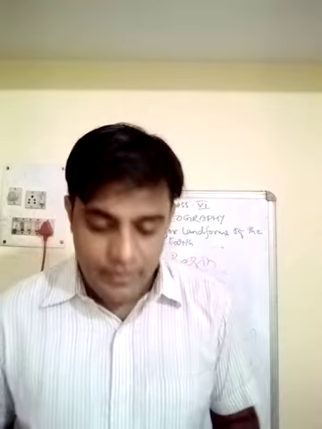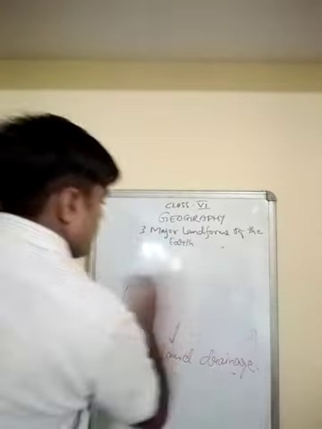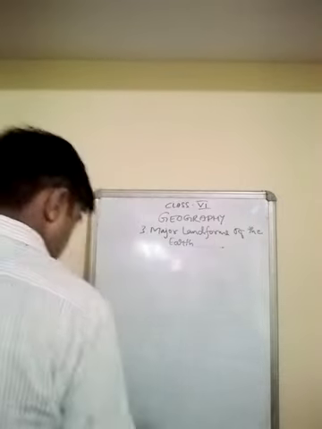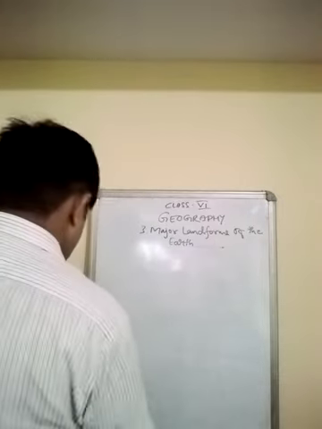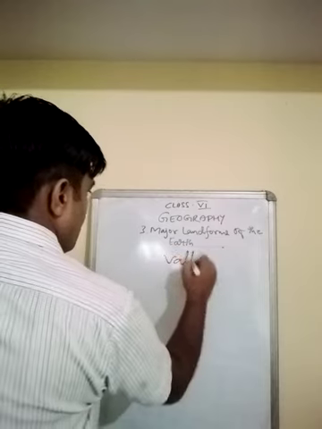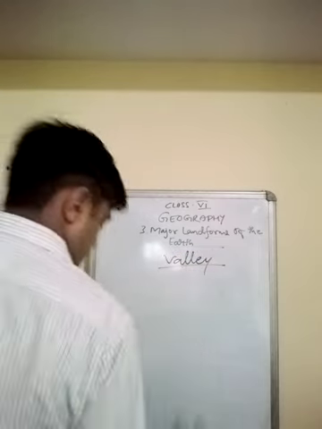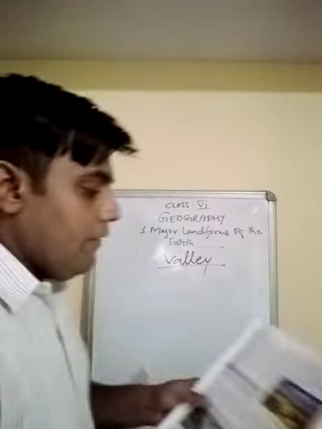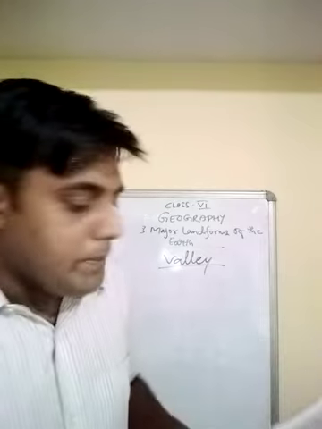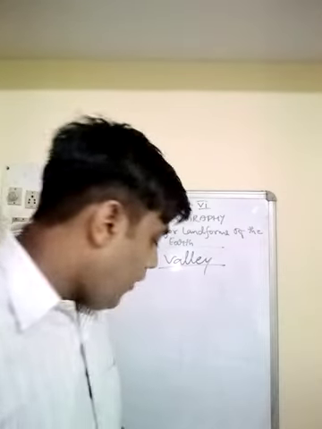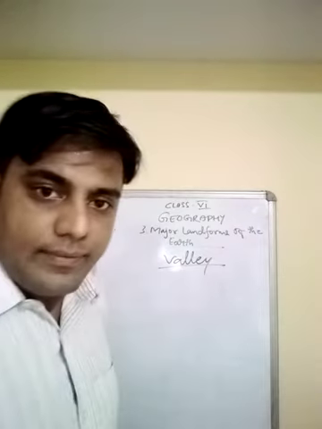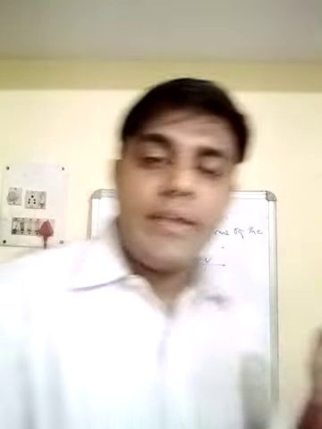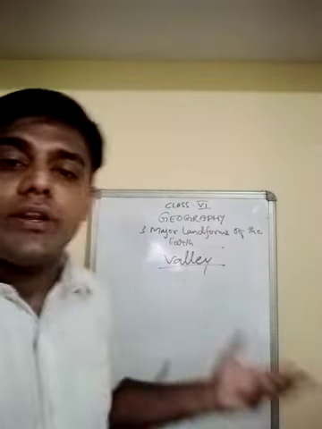Next, you have valley here. You see, valleys are low-lying lands between hills or mountains formed by an exogenous process. Exogenous means from outside. They are not formed due to tectonic movement.